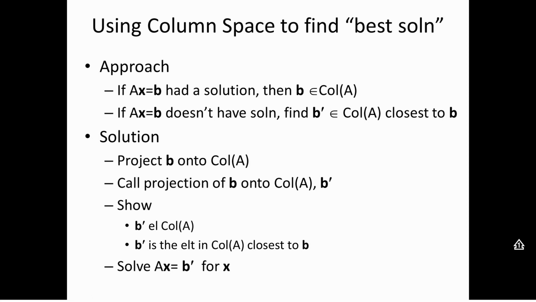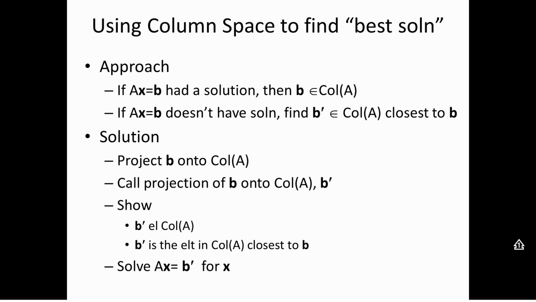And what we're going to show, and this is not obvious, okay? We're going to show that when we project b onto the column space of A, that projection is going to be our b prime. And we really haven't talked about projections of vectors onto subspaces, so I'm going to discuss this, okay? But this is the rationale. And what we're going to show is two things.